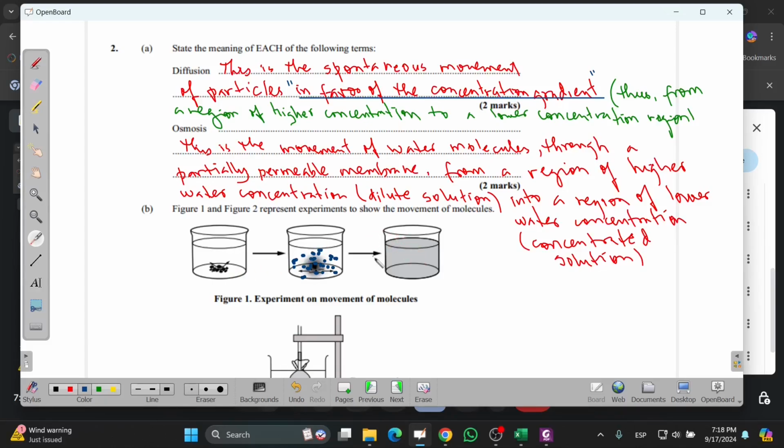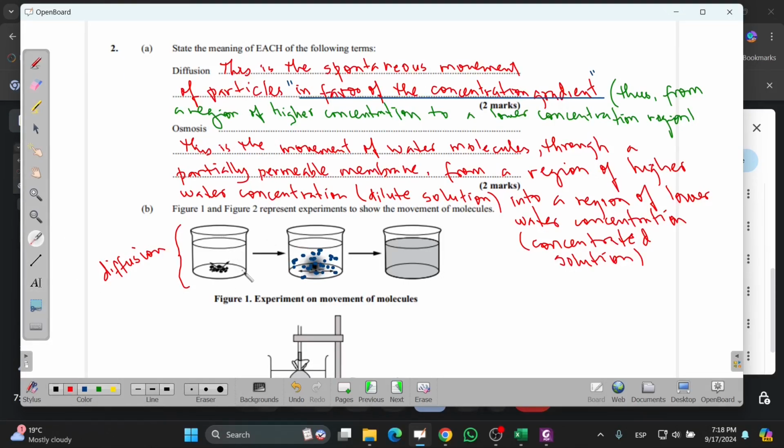What process is that? What do we call this process? Hello? The process of diffusion, sir. Diffusion, yes, this is diffusion. That's diffusion, right?